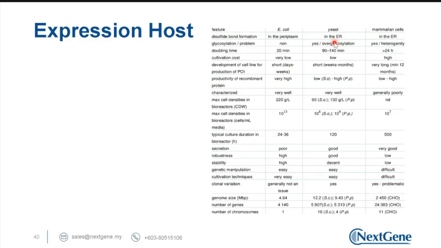For mammalian cell, we can even have post-translational modification like glycosylation. This all will help in the protein folding into the native form. If you are using a protein from eukaryotic cell and want proper folding, the best bet will be using the mammalian cell.